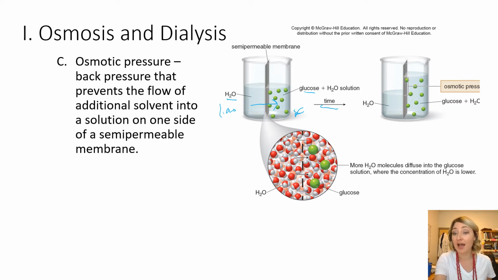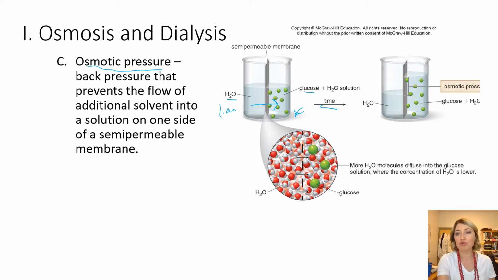Over time, what happens is you have one side filling with water. The attempt is to dilute that side enough so that you have equal concentrations on both sides of your semi-permeable membrane. This isn't going to happen because there's no solute on the left-hand side, but the attempt is to dilute that side. So what happens is you get something called osmotic pressure.